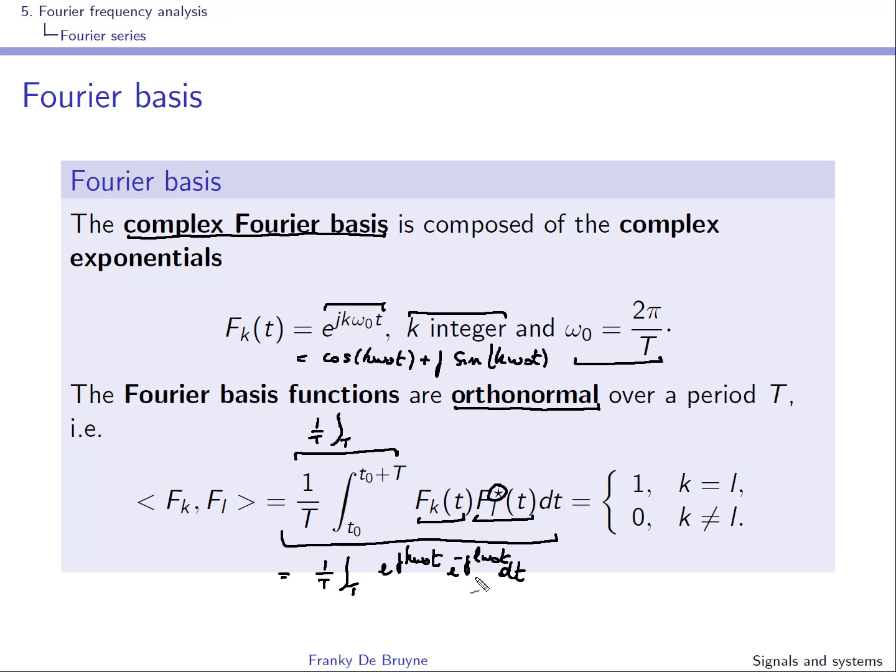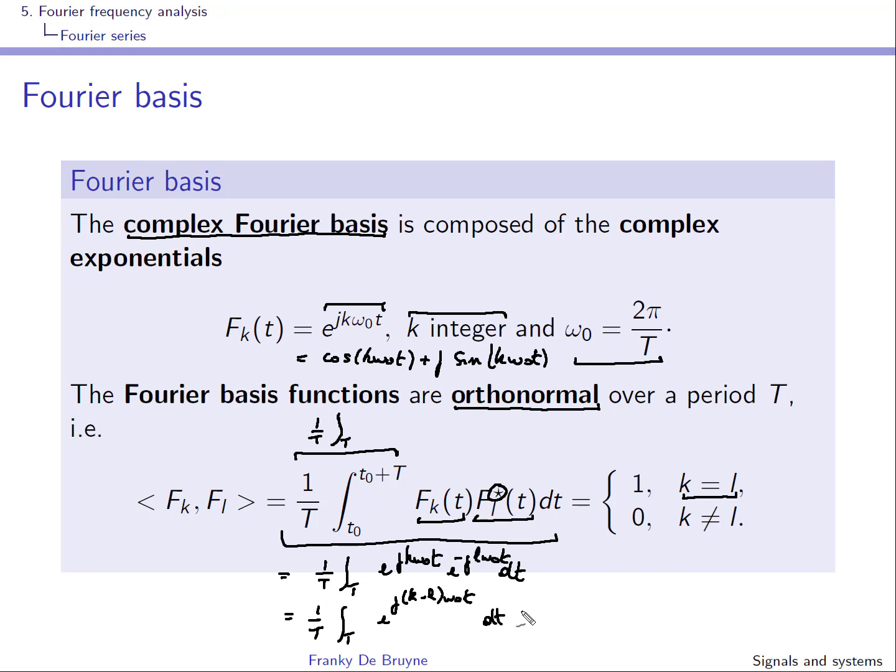So this you can rewrite as 1 over T, the integral over a period of e to the j (k minus l) omega 0 t dt.